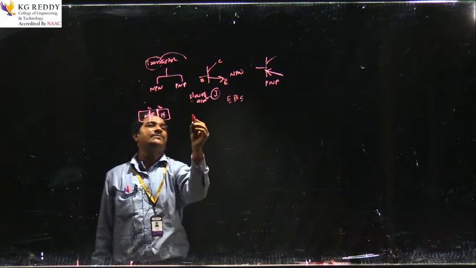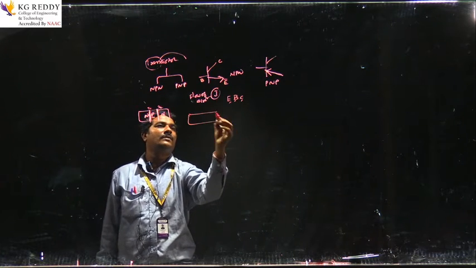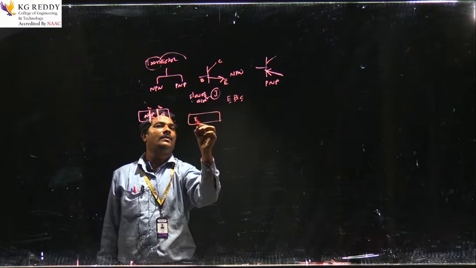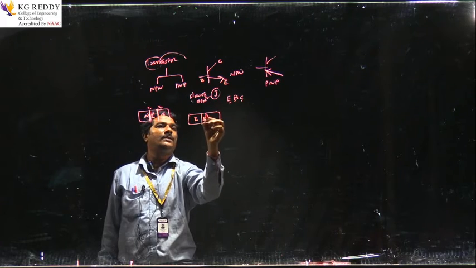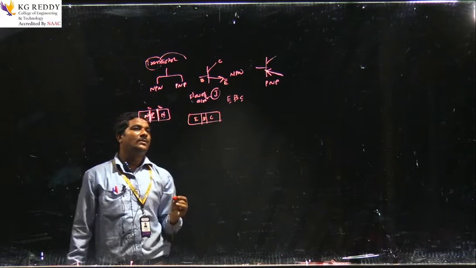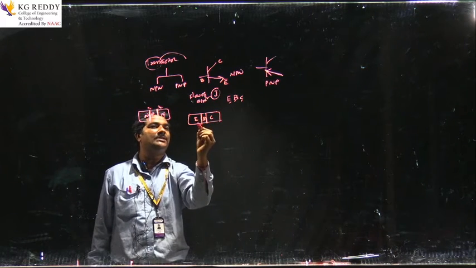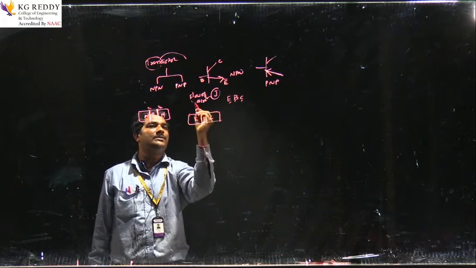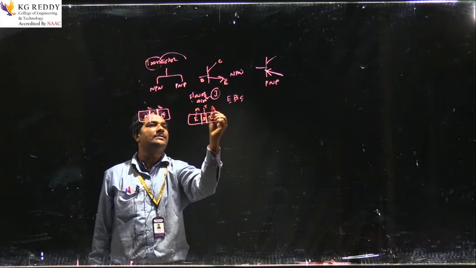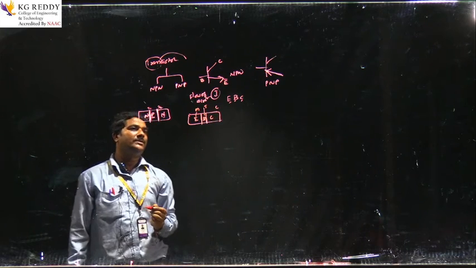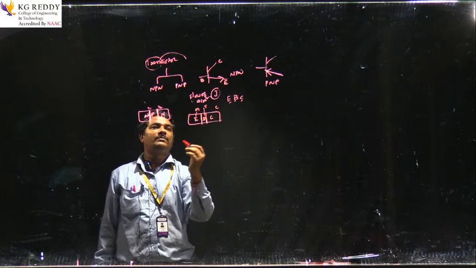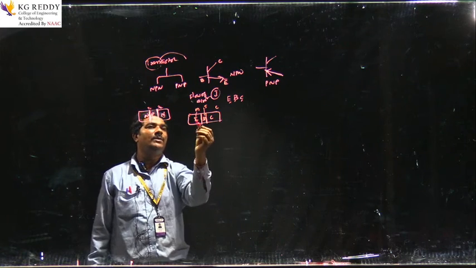Size-wise, how to represent the size of E, B, C? Base is very thin, emitter is medium, and collector is large. This is the size of the terminals of the transistor.